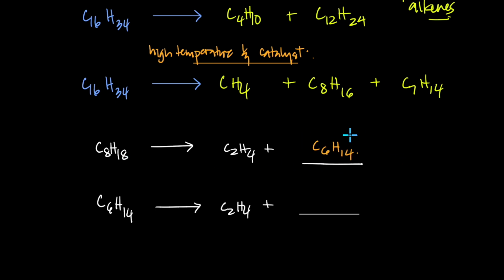So the first one you have C6H14 and the second one you have C4H10. Yep. All right. So that's cracking. That part is done. The next part we're going to take a look at is combustion. Combustion of alkenes, because we've done the combustion of alkanes already.